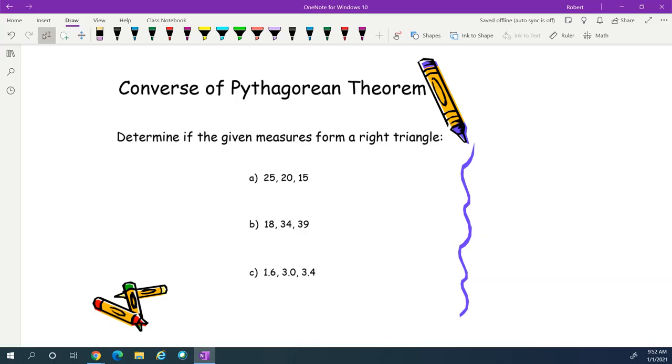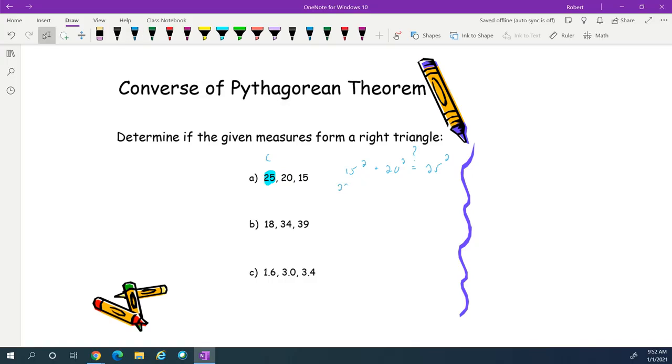The first thing I want to do is find the highest number, because that has to go in for C. So now I could do something like 15 squared plus 20 squared equals 25 squared. Now remember, we're testing this. We're asking ourselves, is this true?